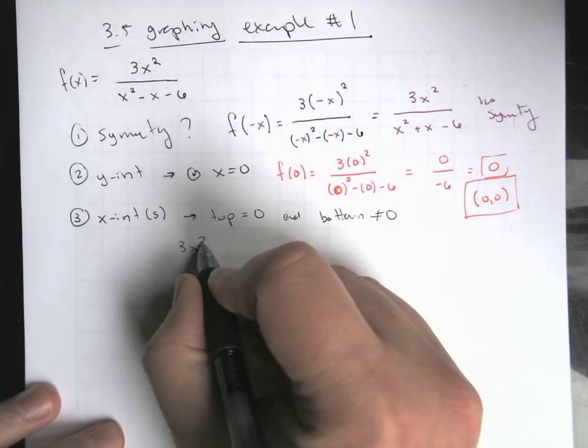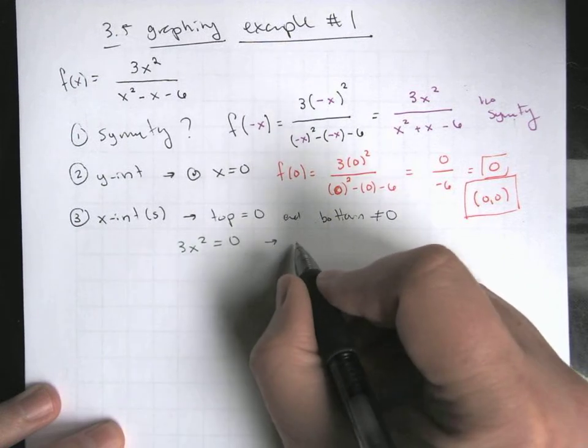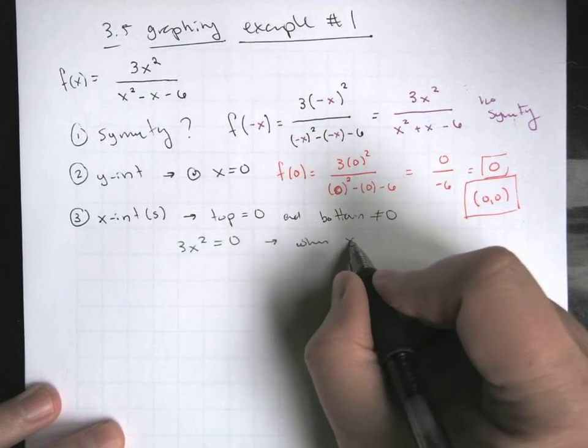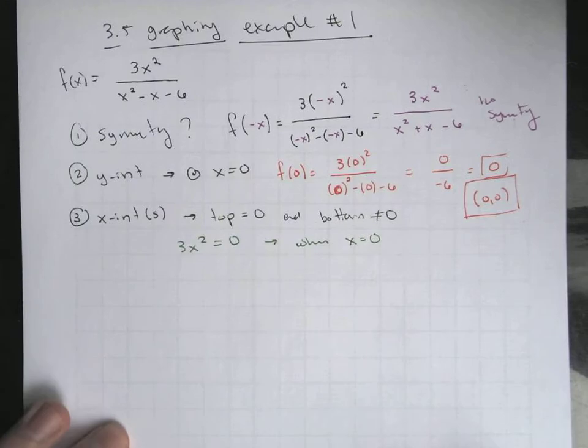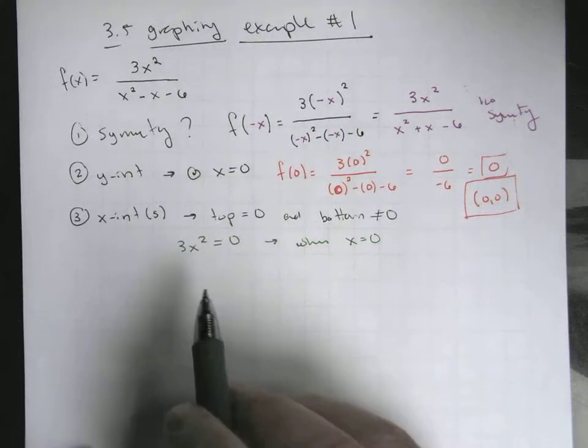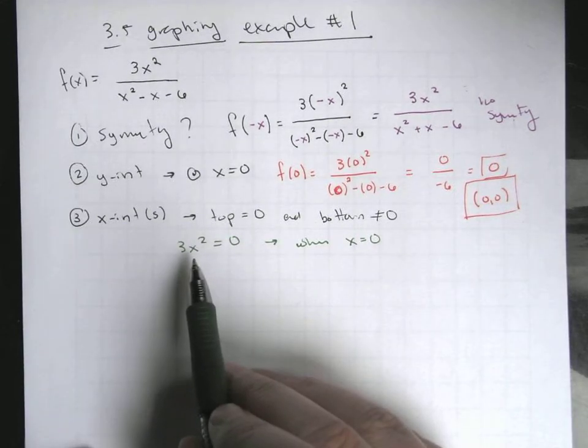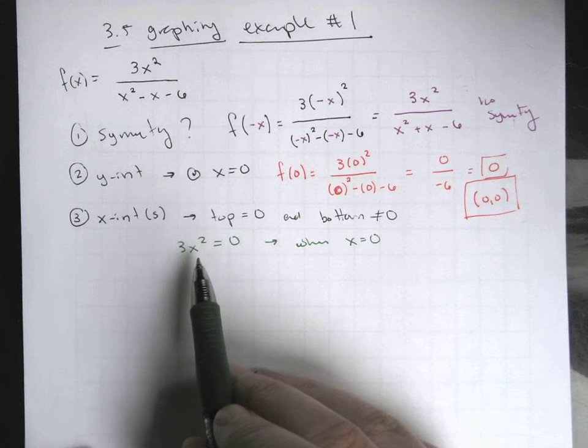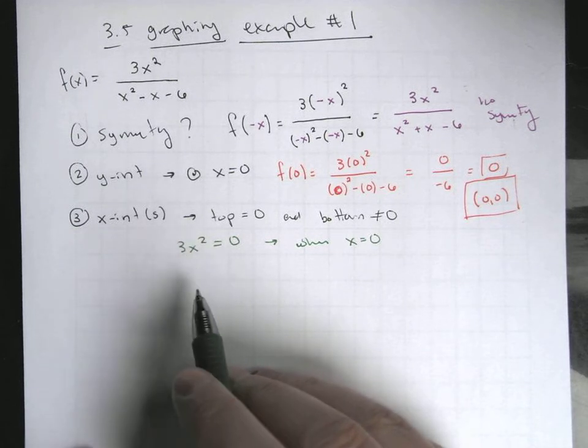So the top is 3x squared equals 0. That's going to happen when x itself is 0. We're not really going to talk about multiplicity here. In theory, if you're thinking back to 3.2, and we did talk about multiplicity, in some sense, x squared is sort of x and x. So in some sense, this 0 would have multiplicity 2. We'll see a little bit what that does in the graph.